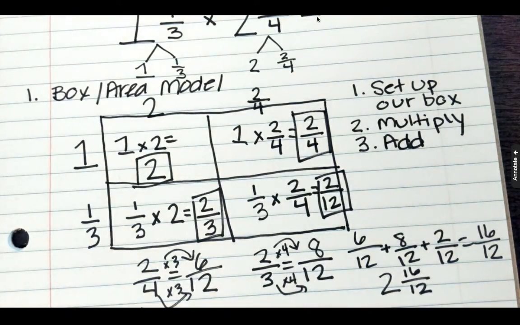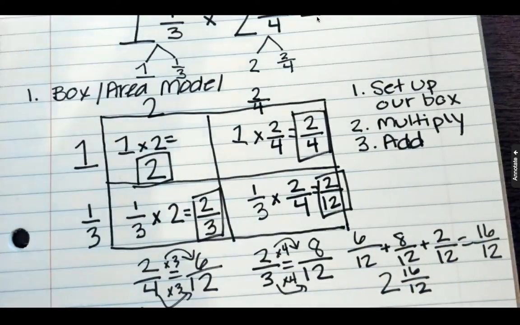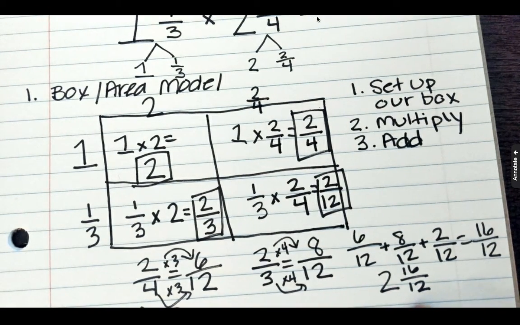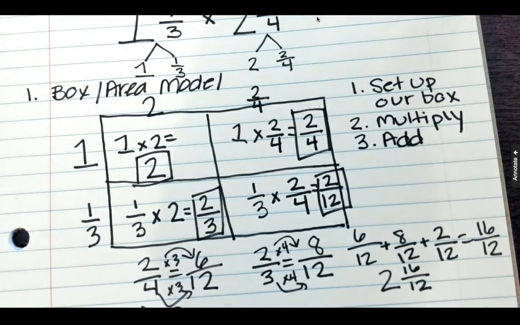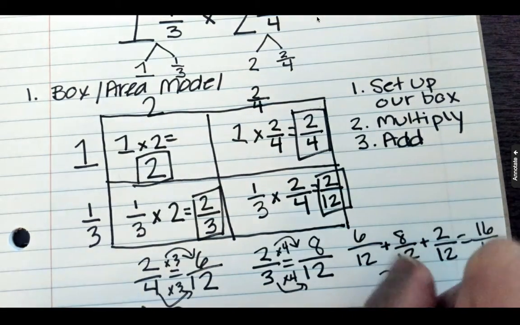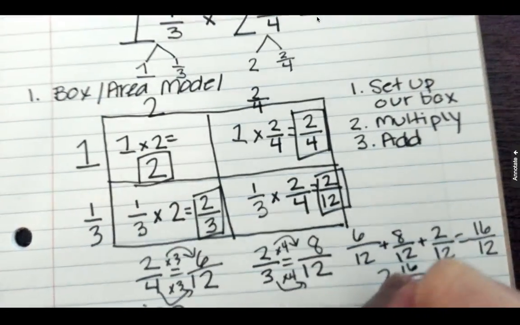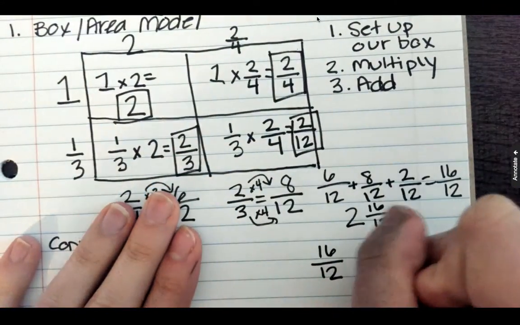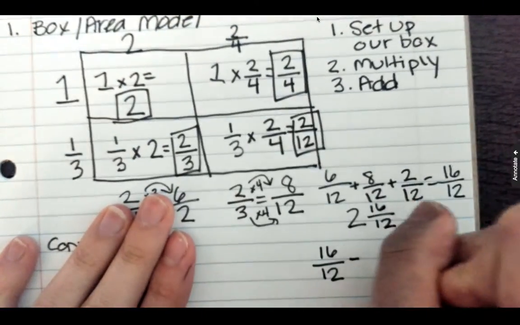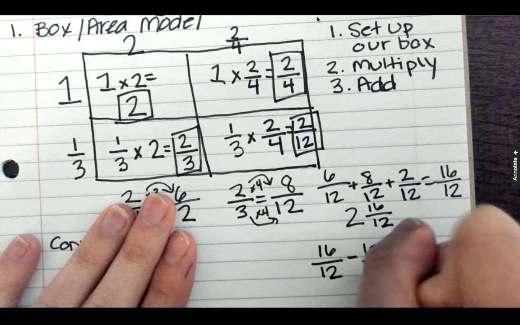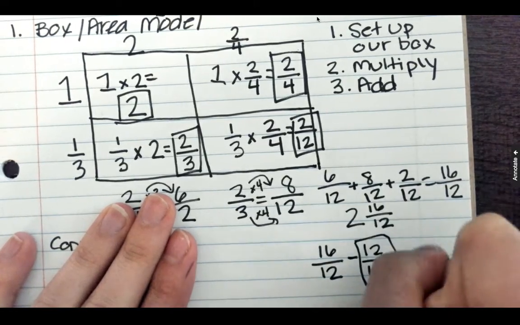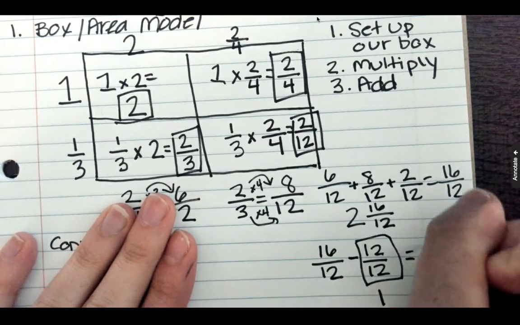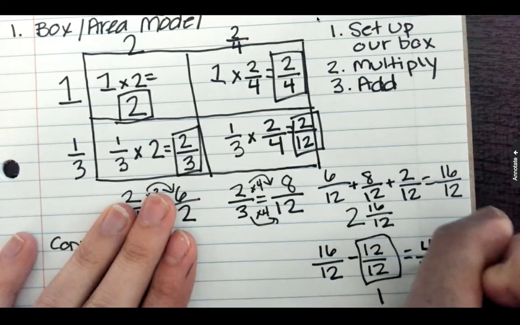Now, I know that 16/12 is an improper fraction because my numerator is larger than my denominator. So I need to convert 16/12 to a mixed number. So I'm going to take my 16/12 and subtract out 12/12, or 1 whole, and I have left over 4/12.